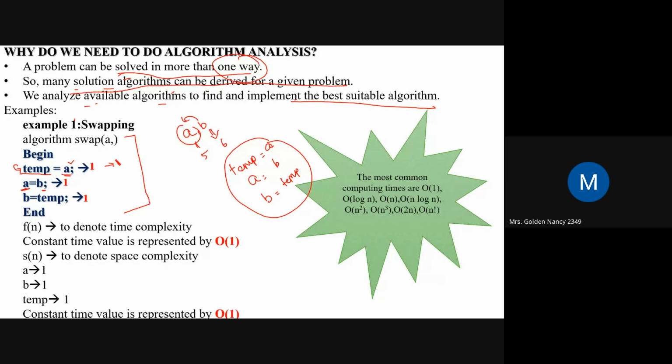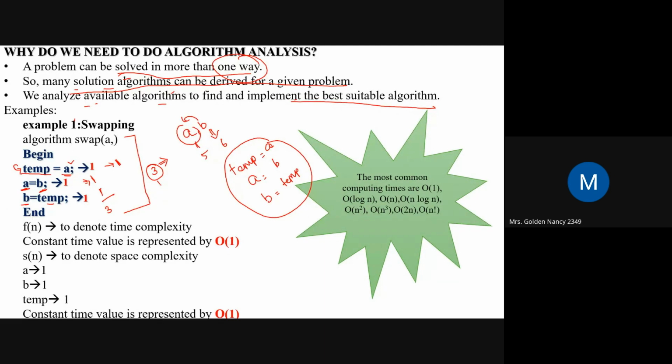Similarly, when you're assigning the value of A to B or B to A, it is taking one amount of time. Similarly, B to temp takes one amount of time. So totally it takes about 3 times. To denote time complexity, constant time is represented by big O of 1. So totally it takes 3 amounts of time, but in an algorithm we should always use the constant term 1, and other values should be denoted as n and n square likewise.